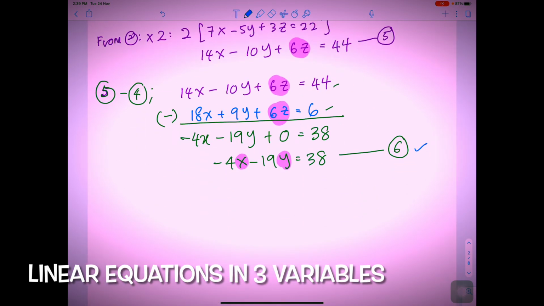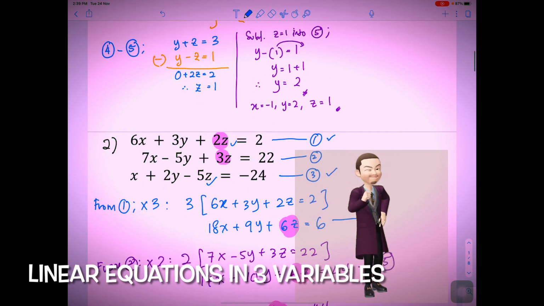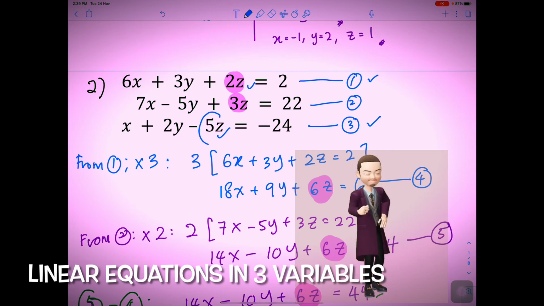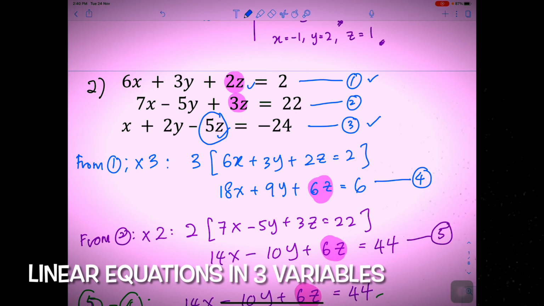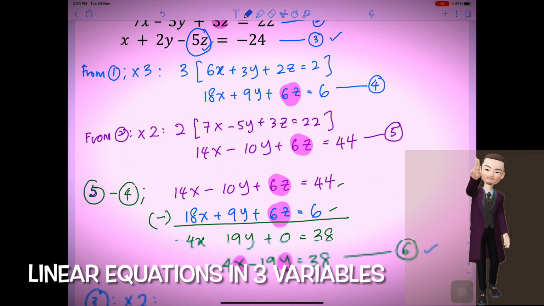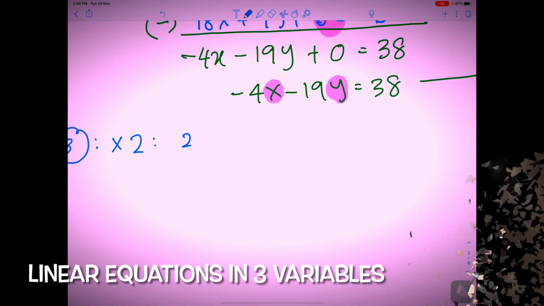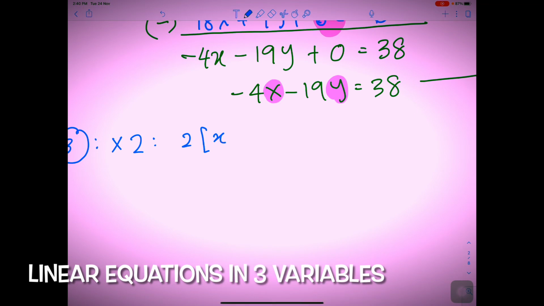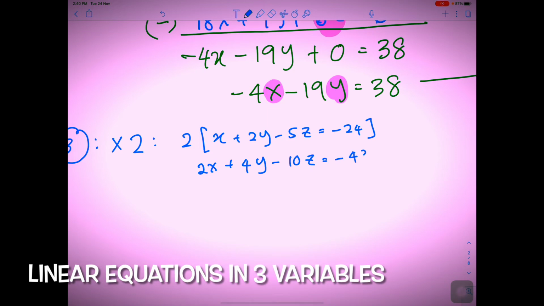From equation 3, we multiply by 2, because z is negative 5z and the lowest common factor between 2 and 5 is 10. Equation 3, x plus 2y minus 5z equals negative 24. You expand, so you get 2x plus 4y minus 10z equals negative 48, and we name it equation 7.